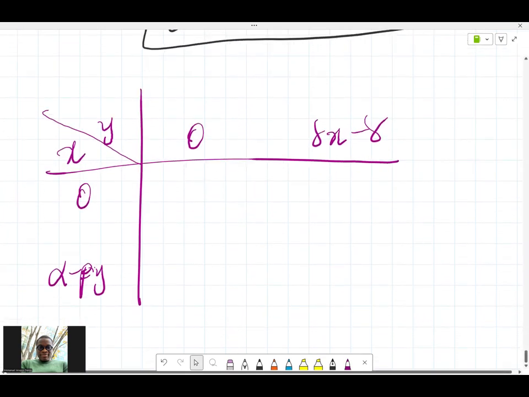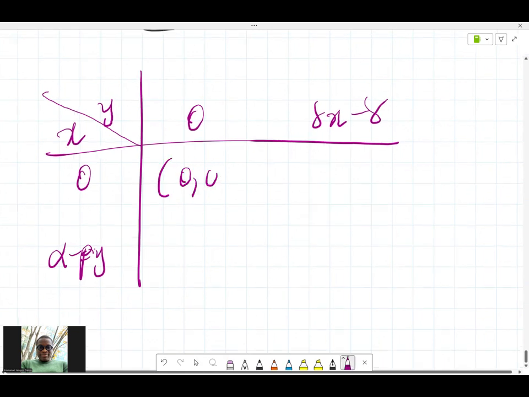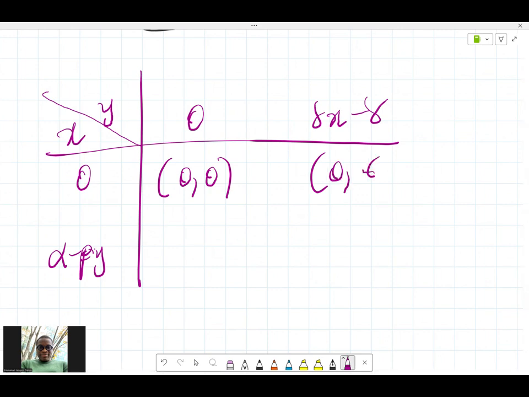So x is equal to 0, and we already know that that's x, right? So we have delta x minus gamma also equals 0. So it means we are going to have this possibility. We have 0, 0, for both sides. X is 0, y is 0. Then x is 0, y is delta x minus gamma equals 0, right?